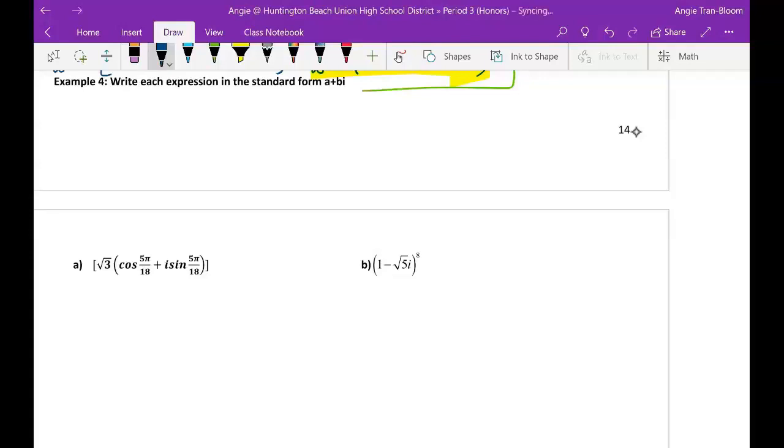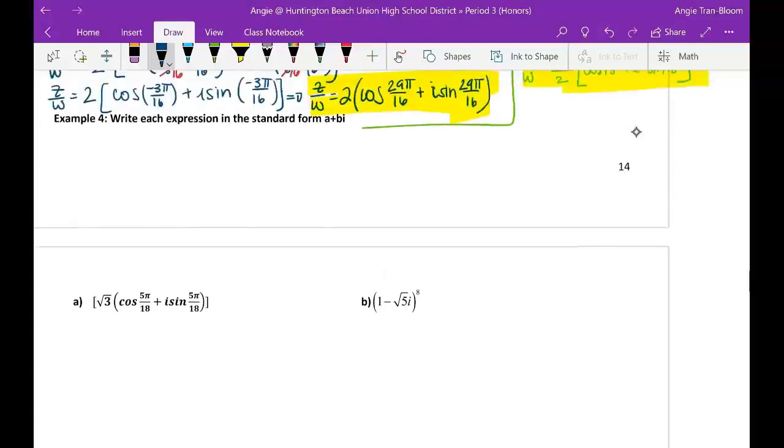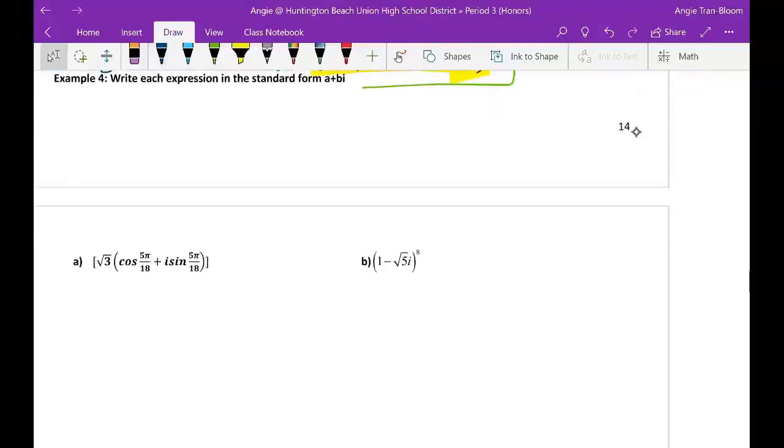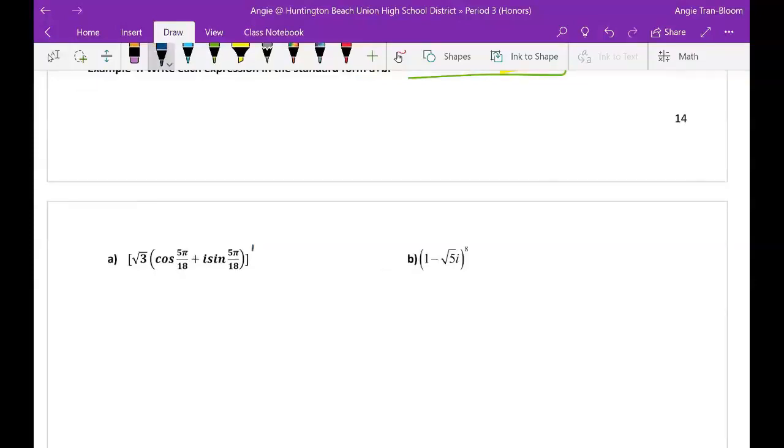So radical 3 times cosine of 15 pi over 18 plus i sine of 15 pi over 18.